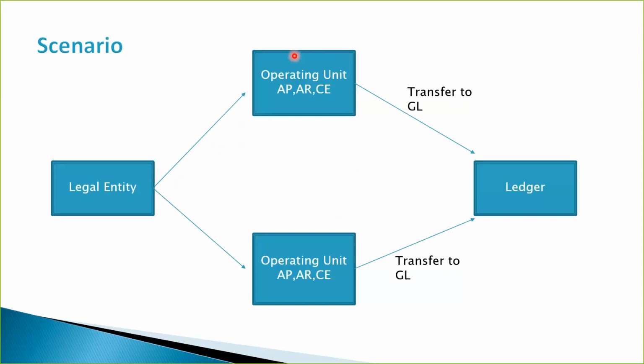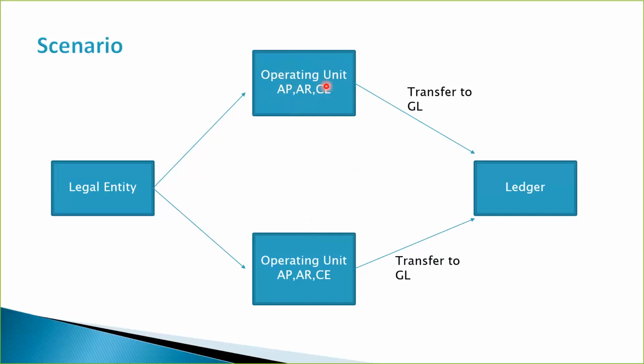And sub-ledgers support the general ledger. So for example, payables, which is the purchasing ledger, records purchasing transactions and also vendor information. Then we have receivables, which records sales transactions and customer information, and cash management, which has information on banks and all that.